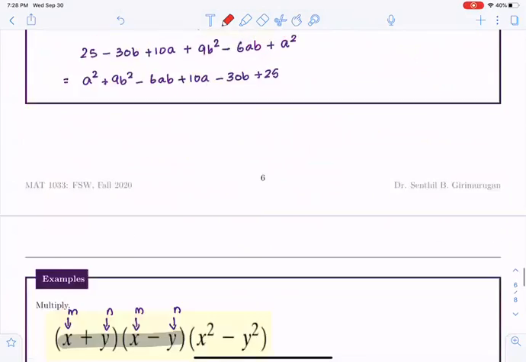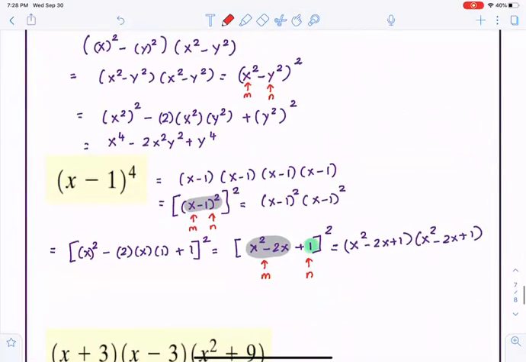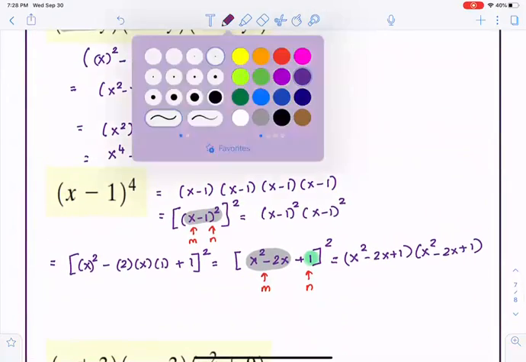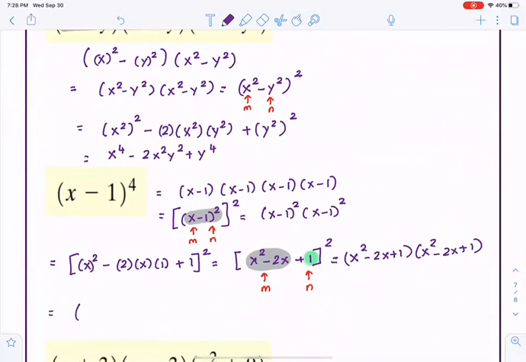So if I use that identity here, m squared is simply x squared minus 2x squared, plus 2 times m times n, which is simply 1, plus 1 squared. And that would give us x squared minus 2x squared, distribute the 2, minus 2x squared plus 4x plus 1.